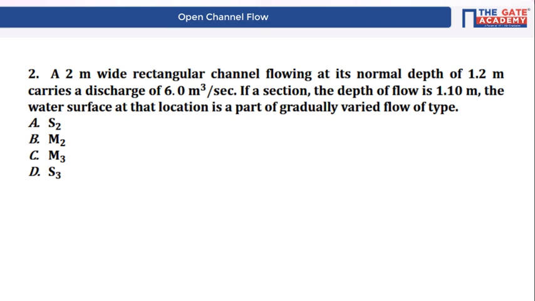If at a section the depth of flow is 1.10 meter, the water surface at that location is a part of gradually varied flow of type. Option A is S2, option B is M2, option C is M3, and option D is S3.